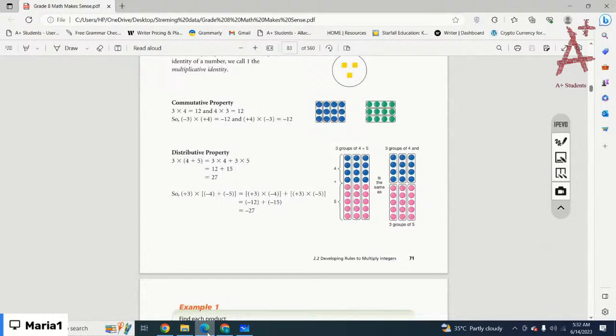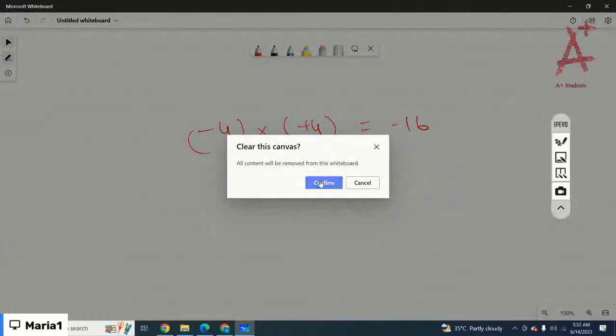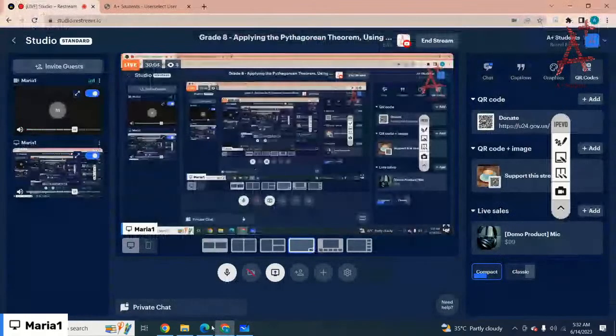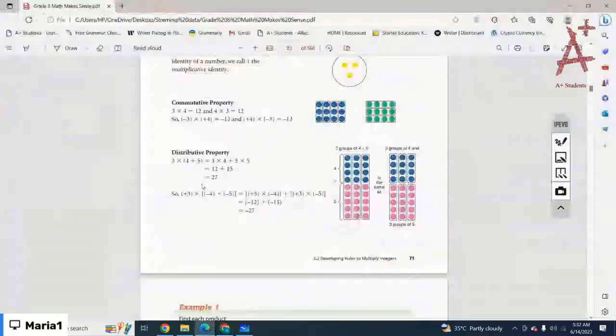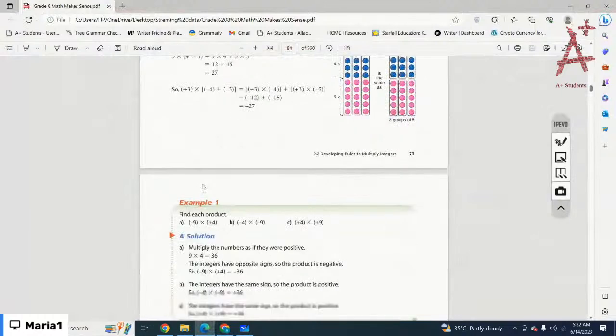Distributive property is like this. You have A times (B plus C). So you can do A times B plus A times C. Got it? That is the distributive property, sorry, not multiplicative. Okay.